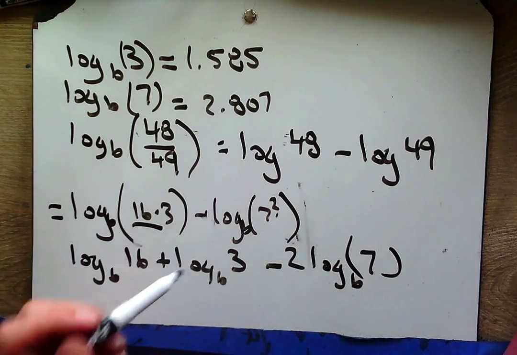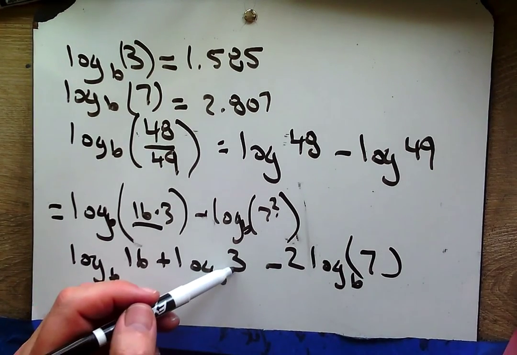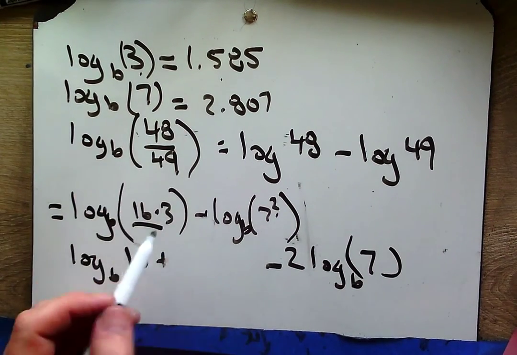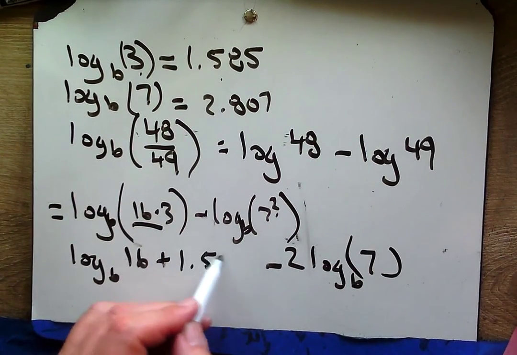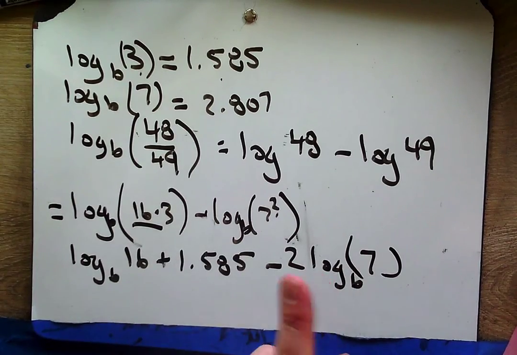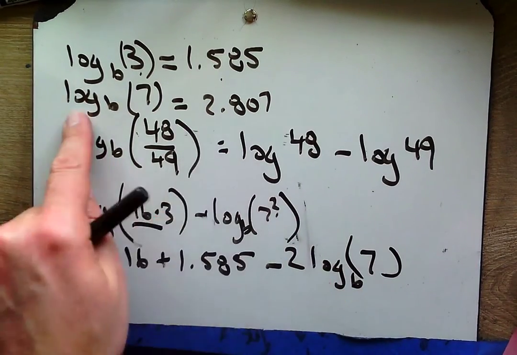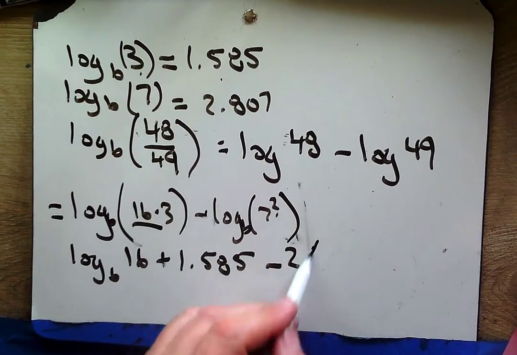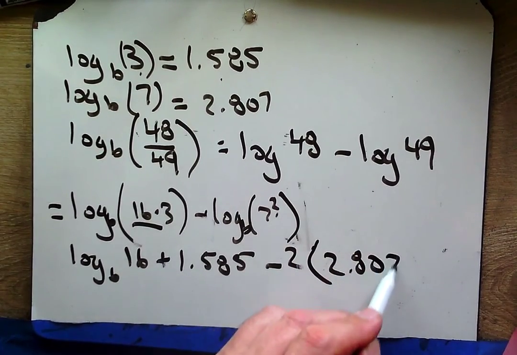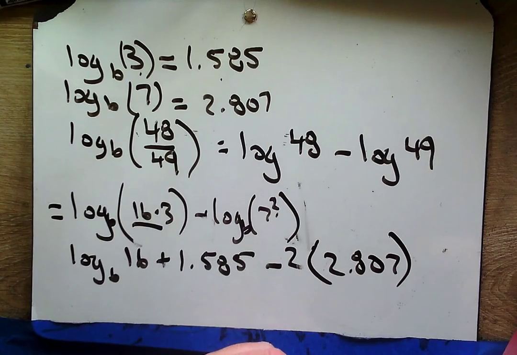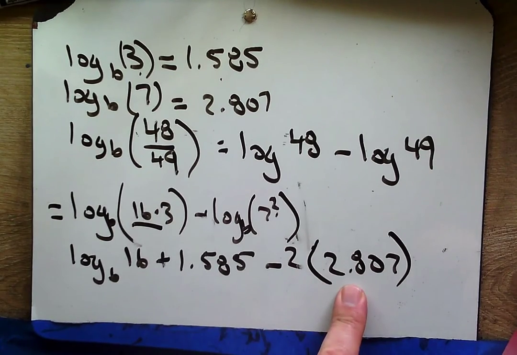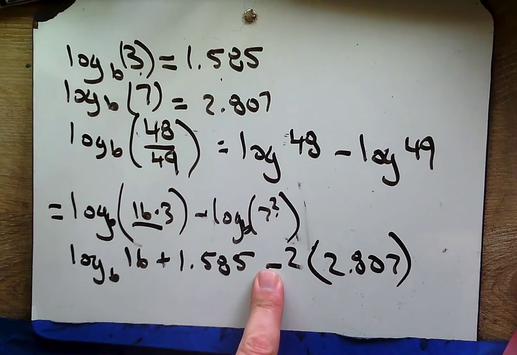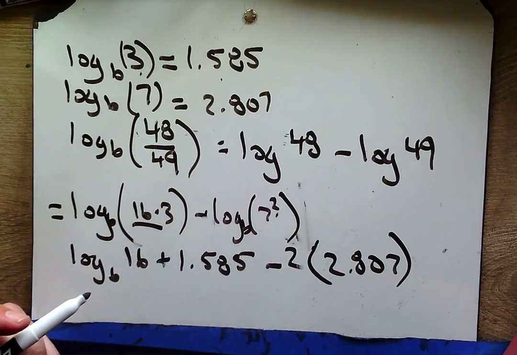All right, well, I know log base b of 3 is this, so that can be replaced with 1.585. And this, well, there it is, log base b of 7, can be replaced with 2.807. I would multiply these, and I would carry out that subtraction, and that would be my answer done.